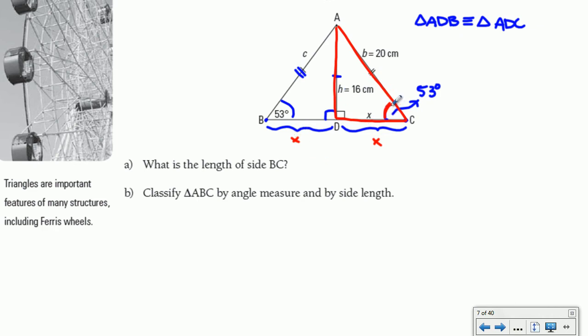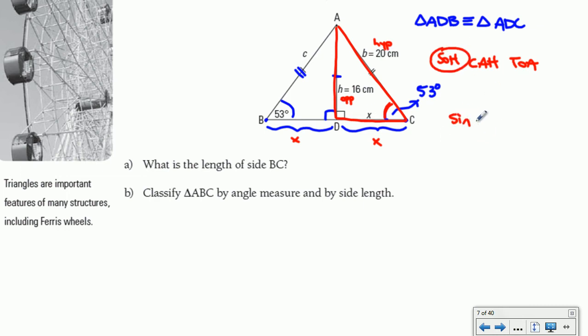We have a reference angle here, which is 53. We have the opposite, which is 16, and we have the hypotenuse. Which of the trig ratios do we need? Opposite and hypotenuse, we're going to use sine.